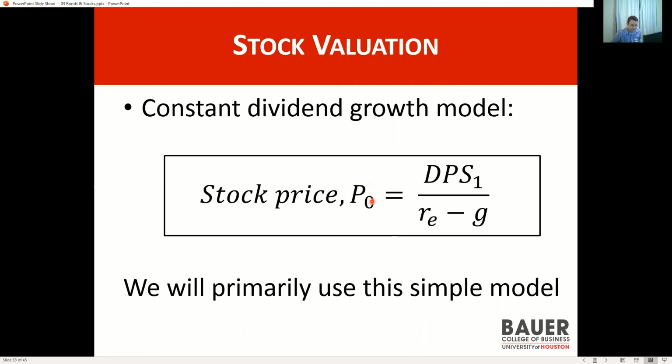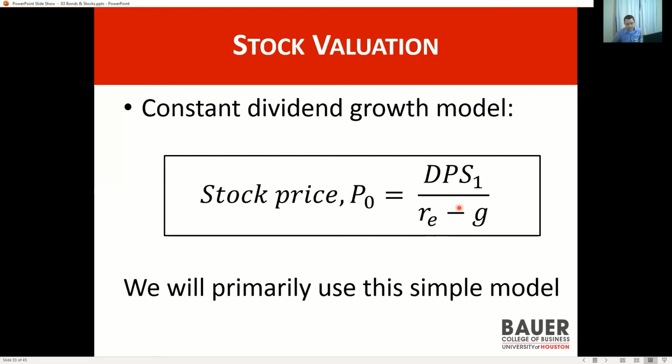What's the price of the stock today? Instead of a cash flow at time one, now we just have a dividend per share. Instead of a generic discount rate, we have the discount rate on the equity. So we subscript this with E to reflect the fact that stock is a claim on the equity of the company. So this is the expected return on the equity. And then G is the growth of the dividends.